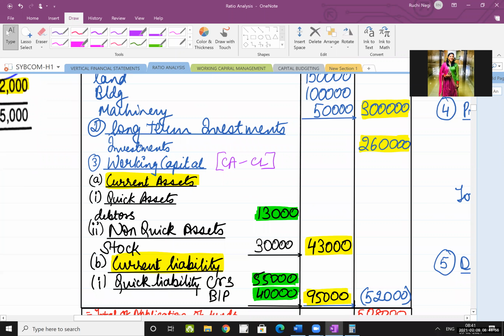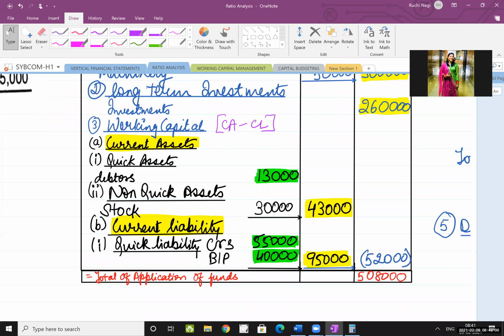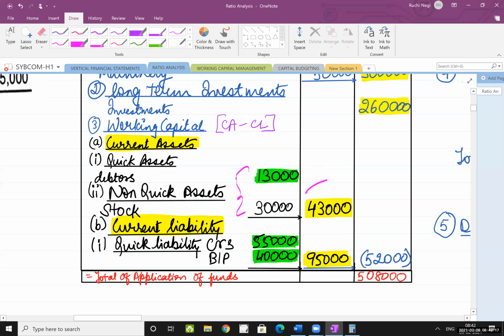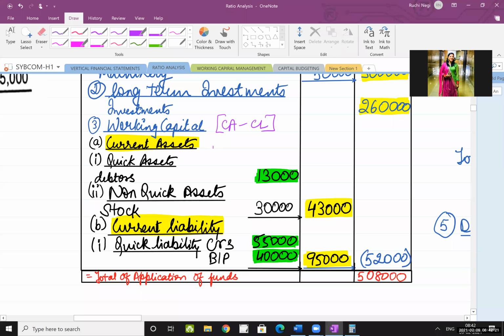In quick assets I have debtors of 13,000. In non-quick I have stock of 30,000. So quick assets plus non-quick is what? Current assets 43,000. 13 plus 30. Okay. So remember all these minute things. What are current assets? Quick assets plus non-quick.